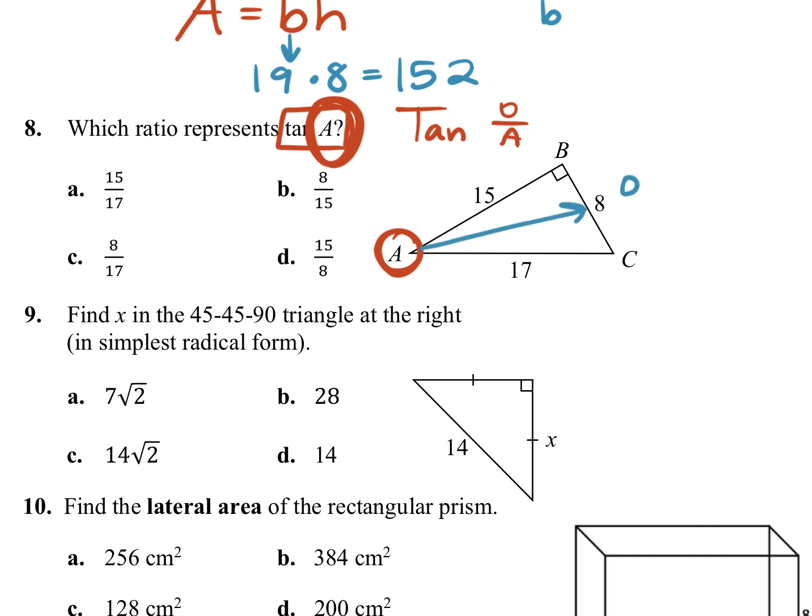Adjacent is the 15. Your opposite and your adjacent will always be touching the right angle, and the hypotenuse is across from the right angle. So what's your answer? It's B, 8 over 15. So B is your tan A ratio.